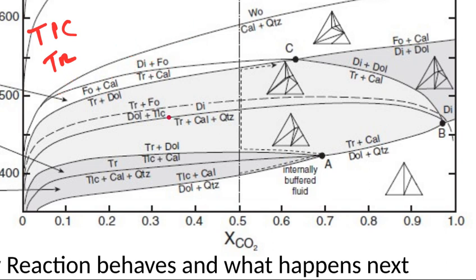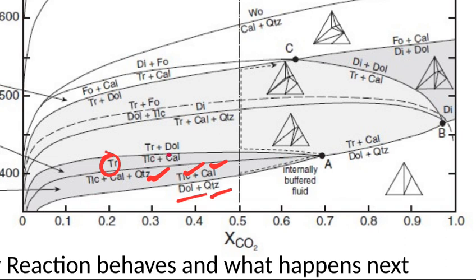So when temperature increases, if XCO2 is less than 0.7, if it is an open system, then the dolomite first reacts with quartz and forms talc. Then this talc and calcite is formed. This talc and calcite will again react with quartz, that siliceous melt, and form tremolite.